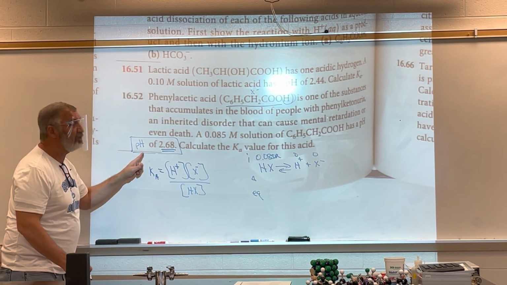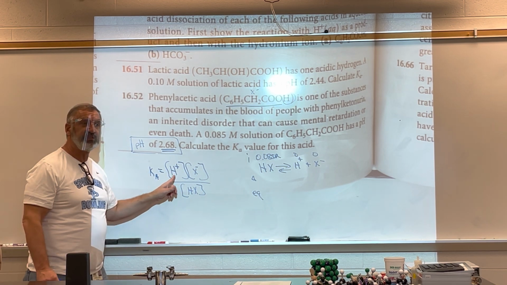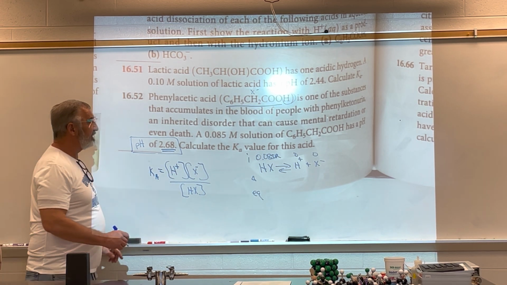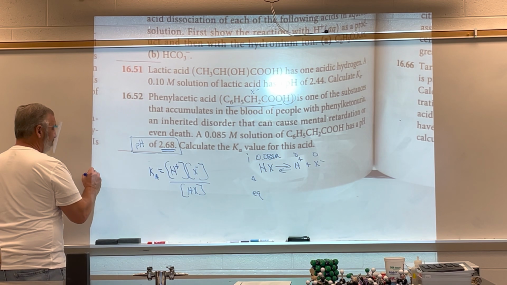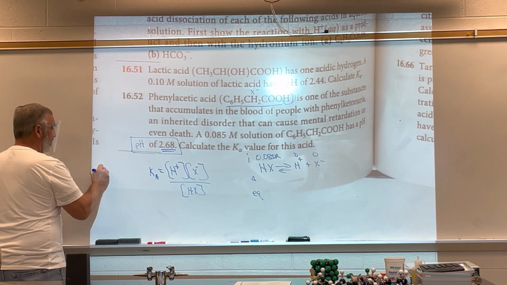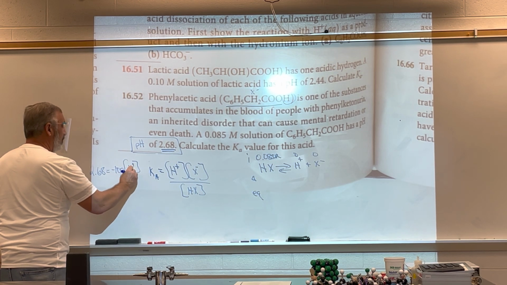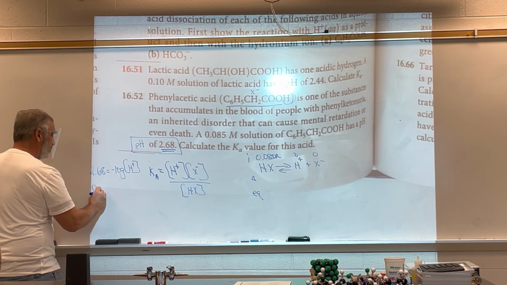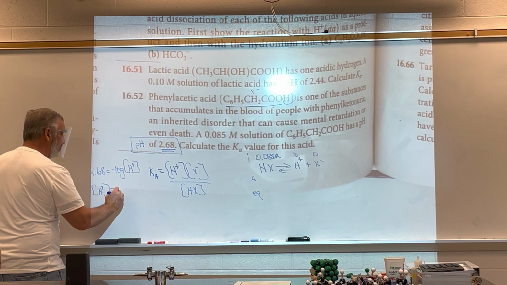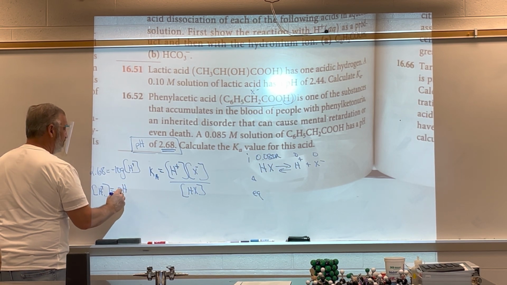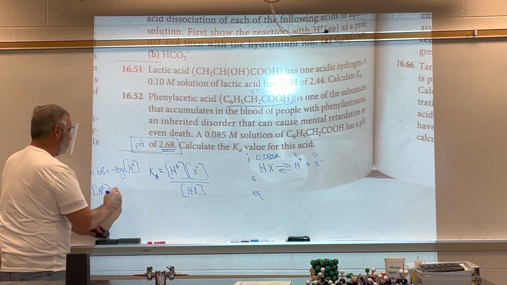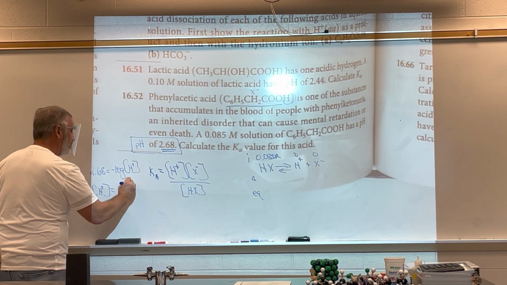So whenever you're given the pH, you're given H plus. Because we can say that 2.68 is equal to the negative log of H plus, or we can say that H plus is always equal to 10 to the negative pH.